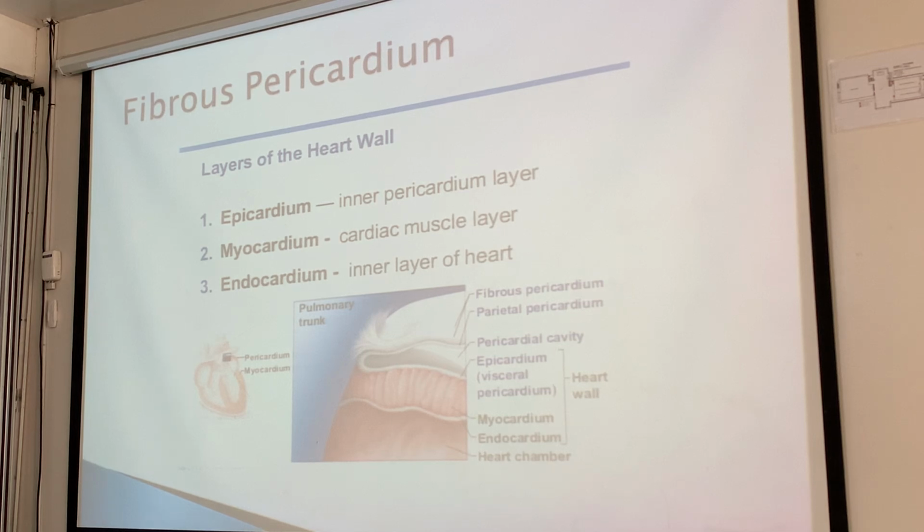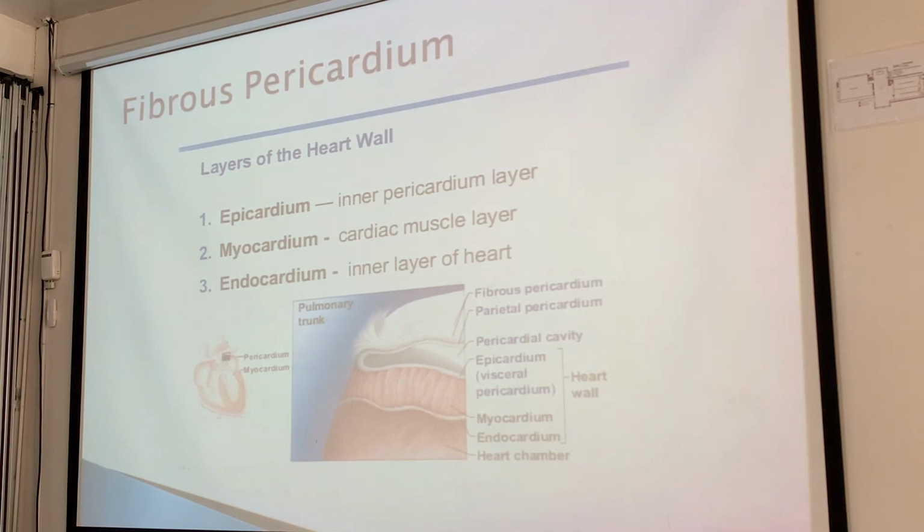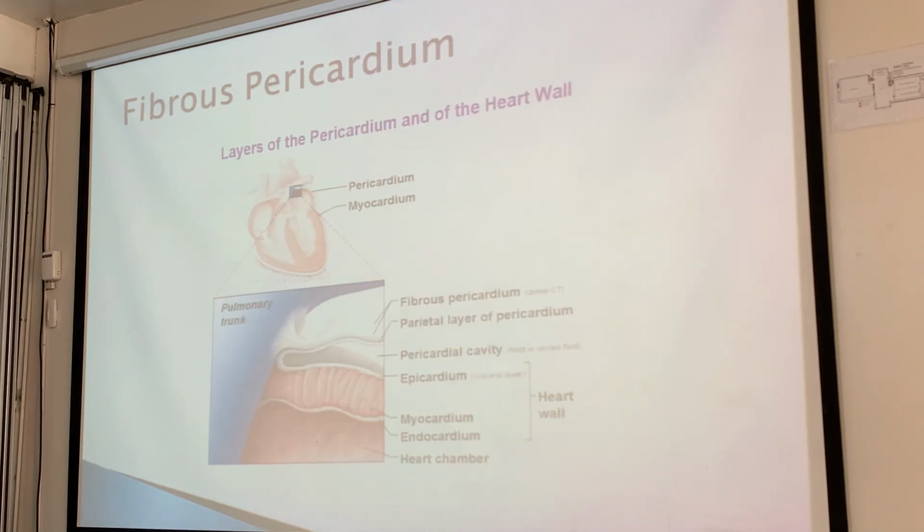Then you have the myo and then your endo. But again, very easy to understand. So if you look at its correlation with the cavity, with the layers of the heart and the layers of the pericardium, going back to it, you can see the space there between the parietal serous pericardium and the visceral serous pericardium.